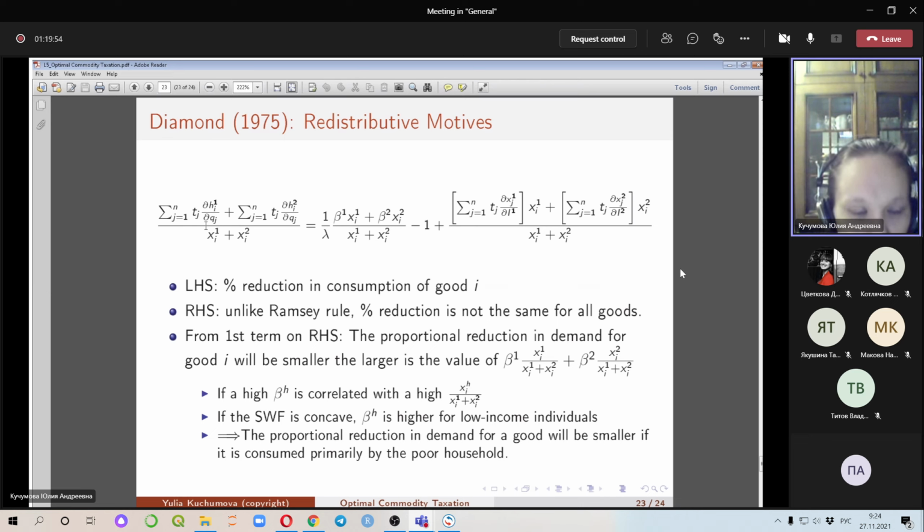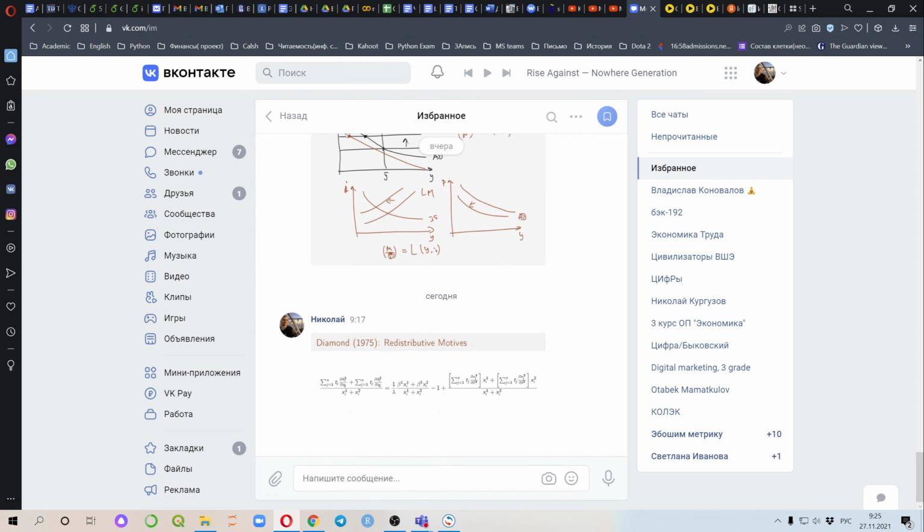So we start from this problem that in the Ramsey setting, what we end up with is that we eventually tax a lot those goods that are necessities, and these are goods consumed primarily by poor individuals. That's a kind of problem. We now have this Diamond model, and we understand that in these settings this problem is fixed.